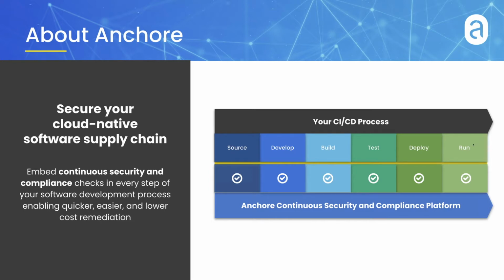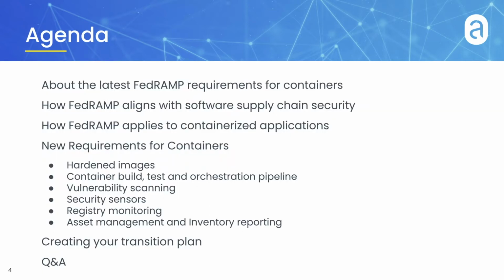So let's go on to the next slide. Our agenda for today is we're going to talk a little bit about the latest FedRamp requirements for containers. Many of you may know that a couple of weeks ago, FedRamp released a new guidance document, or set of requirements, for containers that are additive to existing FedRamp controls.